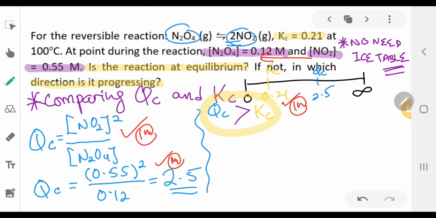But we're not going to stop right there. We have to write a conclusion.